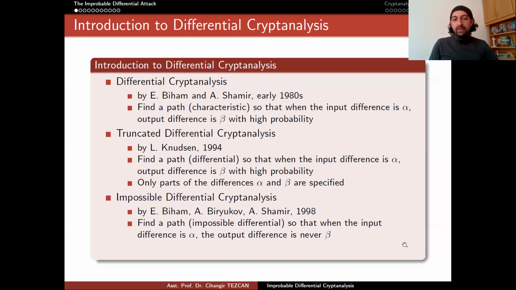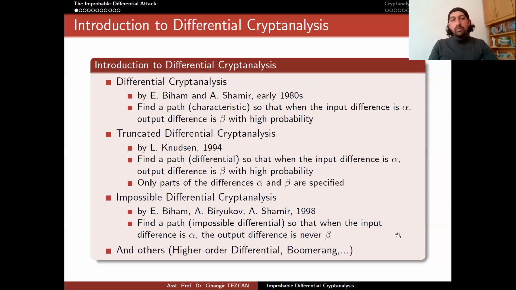This is somewhat different, and Biham, Biryukov, and Shamir applied this technique to Skipjack, a cipher designed by the NSA, and out of 32 rounds, they could theoretically break 31 rounds. So we speculate that the NSA did not know this cryptanalysis technique before its introduction by Biham, Biryukov, and Shamir.